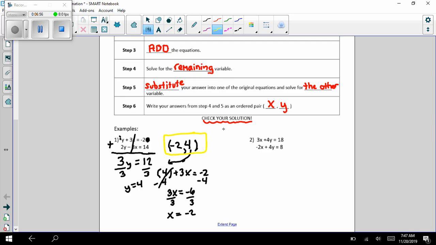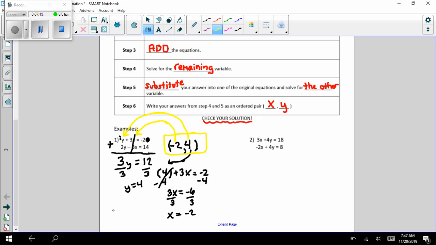You can always check your solution by plugging the -2. And you don't have to write this. I just want you to watch what I'm doing here. We're going to plug the -2 in for the x, which in this case is here, and the positive 4 in for the y. So watch what happens when we do that.